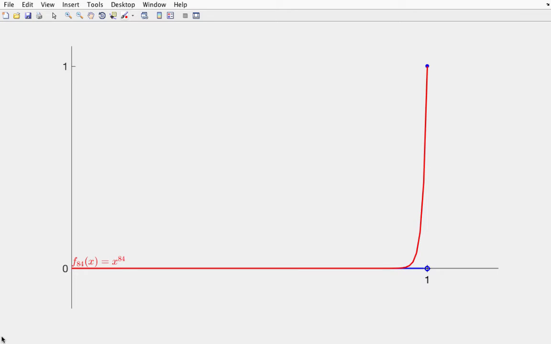Every number strictly less than 1 is eventually going to converge to 0, and fn of 1, of course, is 1 for every n. So it just stays right there at f of 1, which is 1. If this went on forever, this would be a very long video. But also, the red function would match exactly the blue function. So we just saw an illustration of the fact that x to the n does appear to converge to f of x pointwise. But let's prove it rigorously using the definition.